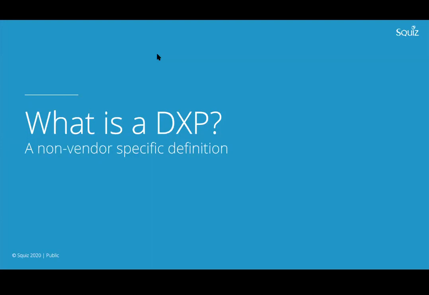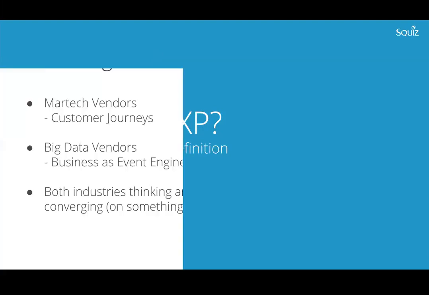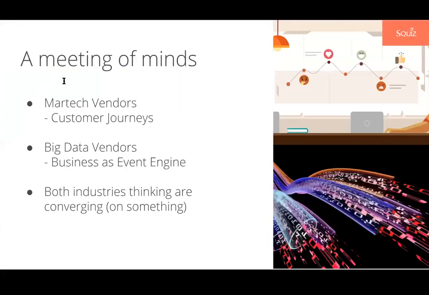So I thought what would be useful is, first of all, to laser in on a definition of what a DXP is that encapsulates all of the different vendors that are in this space. One of the interesting things that I think is happening is that there's a meeting of minds between two very different industries, and they're lasering in on something that I think is what a DXP is.